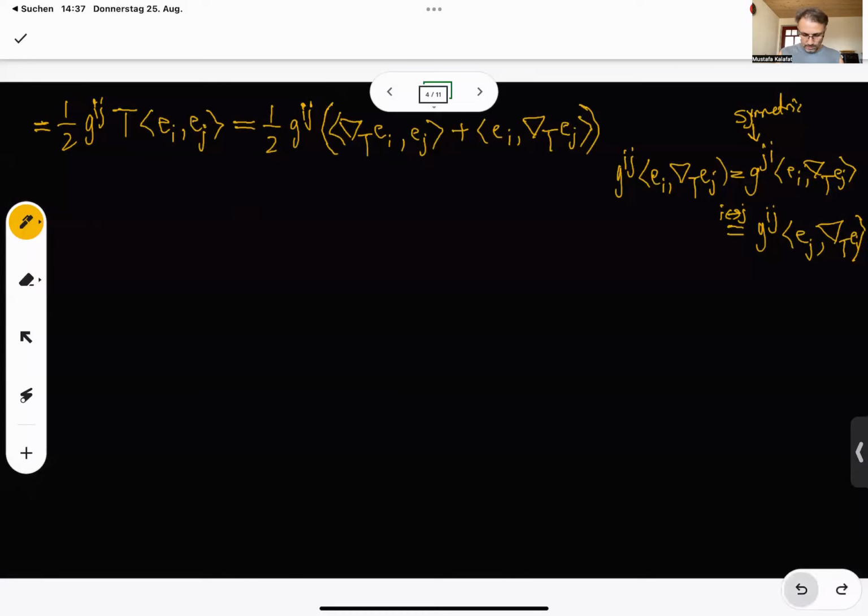This implies that you have gij, and just the first term is going to be enough: nabla T ei, ej.